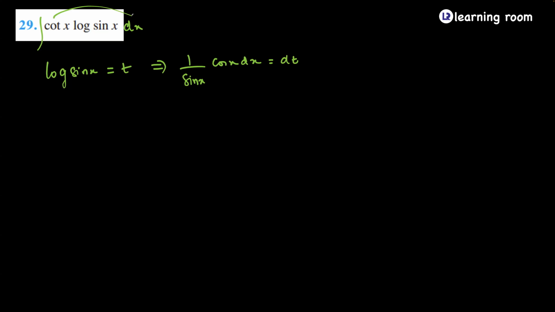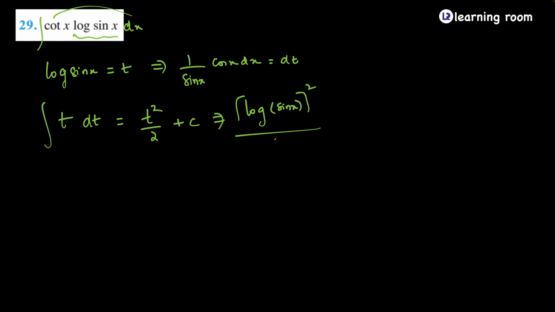So integral of t dt, what will the answer be? t square by 2 plus c, which is log of sin x the whole square divided by 2 plus c. So this will be the answer.